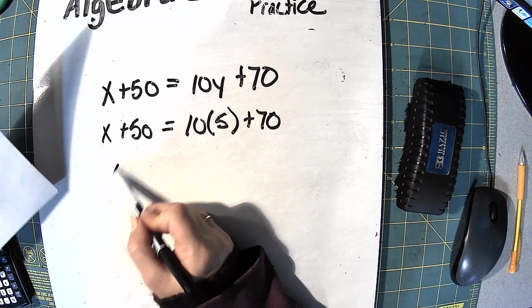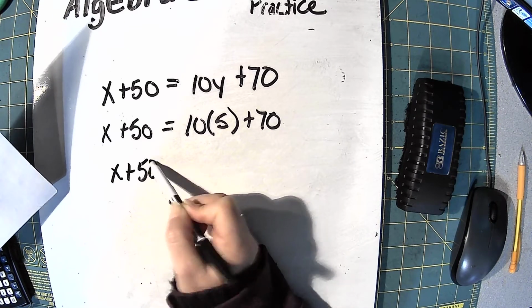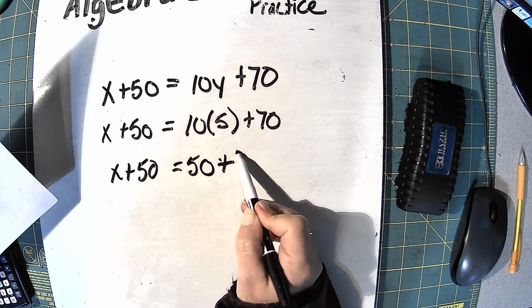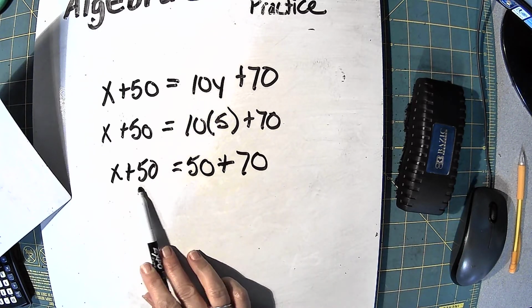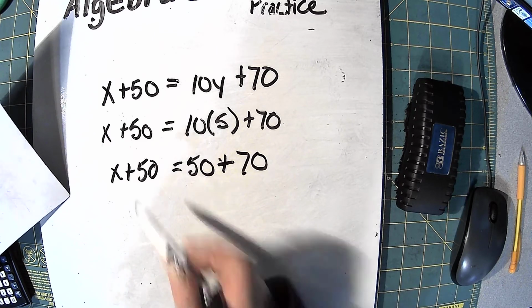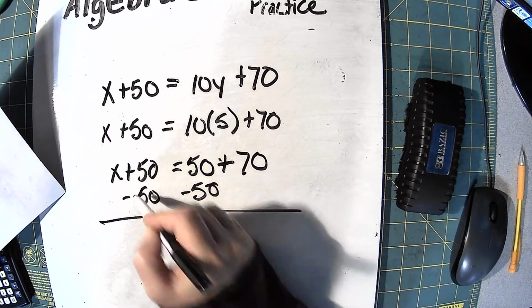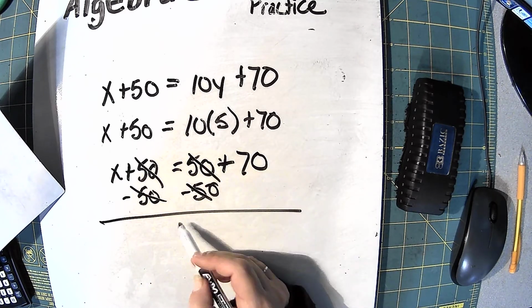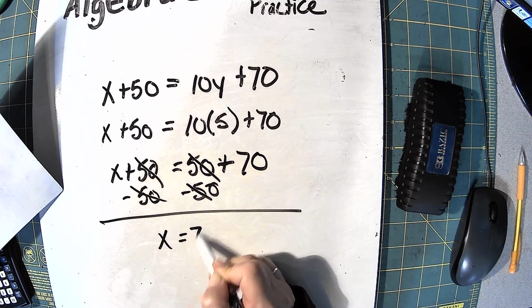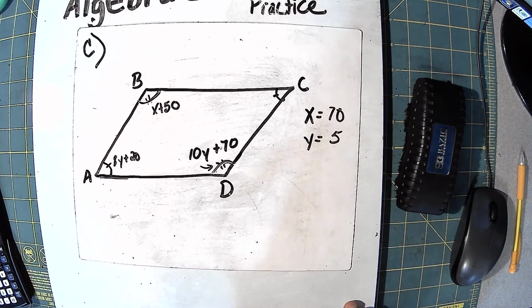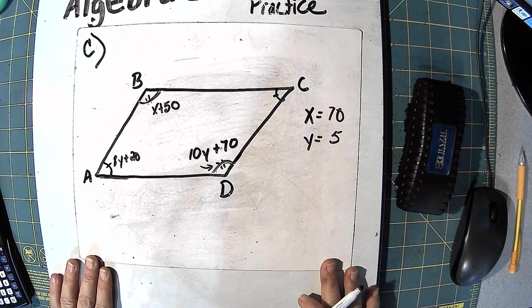Okay, so x plus 50 equals 10 times 5 is 50 plus 70. Now, if I've got plus 50 and plus 50 on both sides, I can just do minus 50 on both sides and cancel those. And I got x equals 70. So my x is 70.